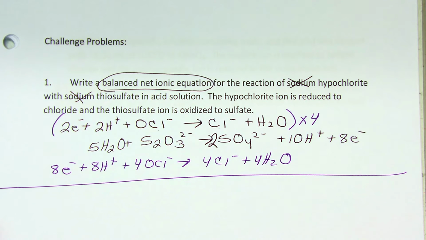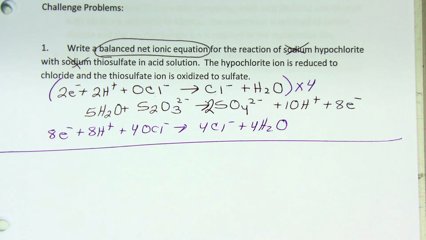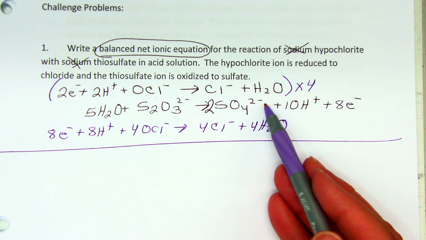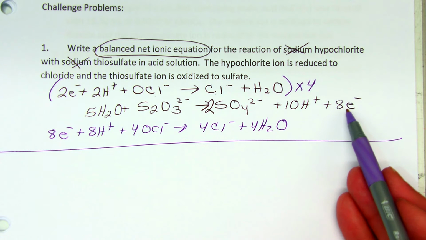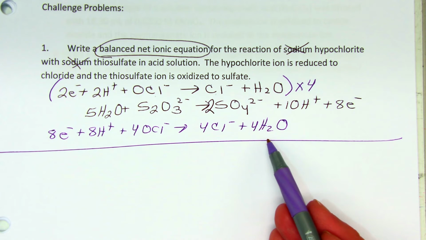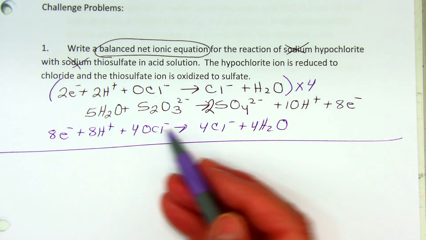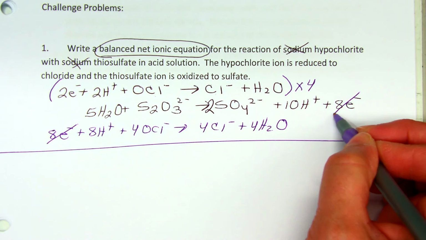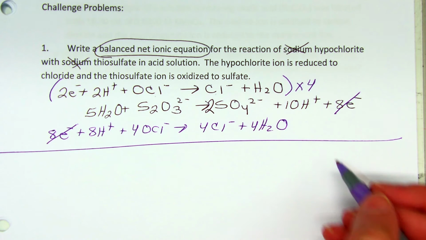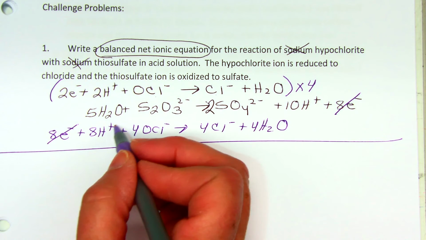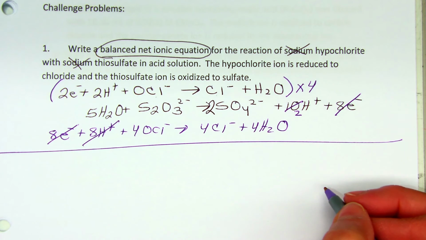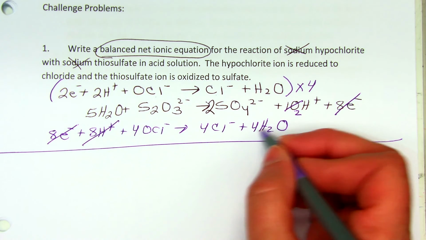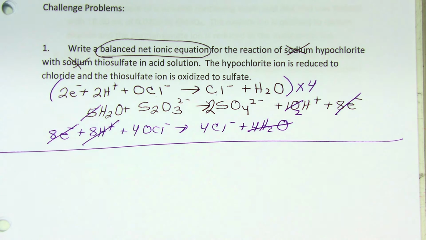Now I can add them together. I left the second one as it was, and all I did was multiply this one by 4. Now I have 8 electrons on each side. I have 10 hydrogens in one and 8 hydrogens on the other side, so I can cancel that. That leaves me 2 hydrogens. 5 waters, 4 waters, cancel 4 waters.